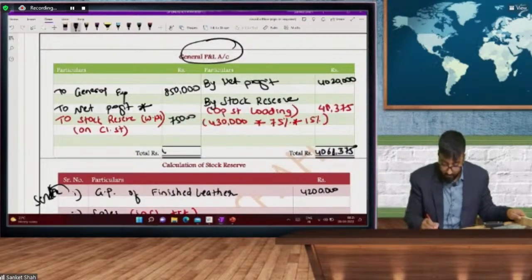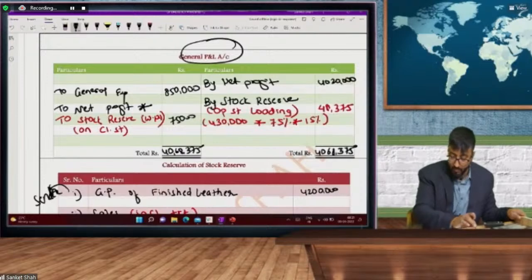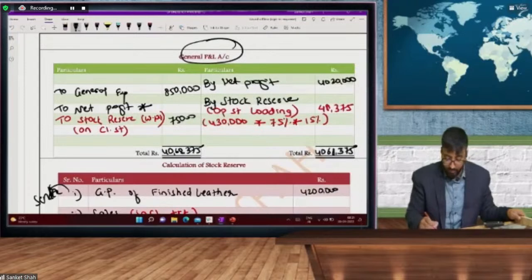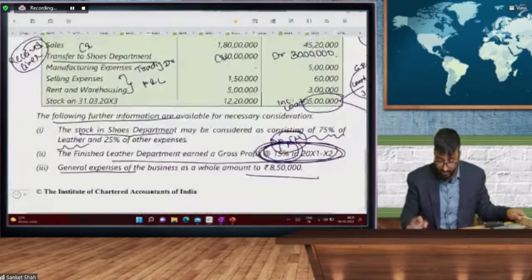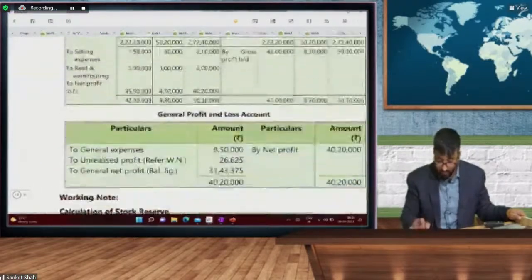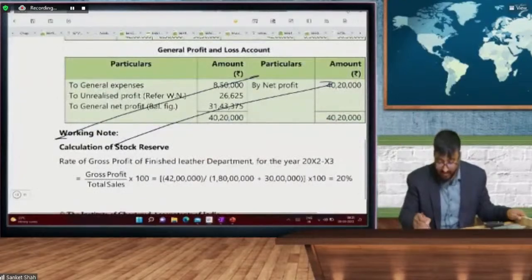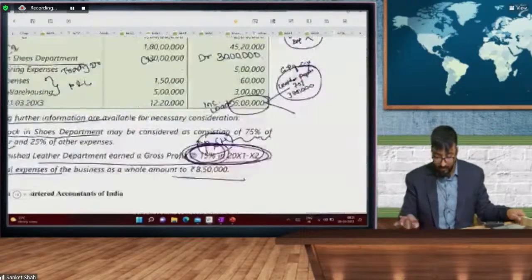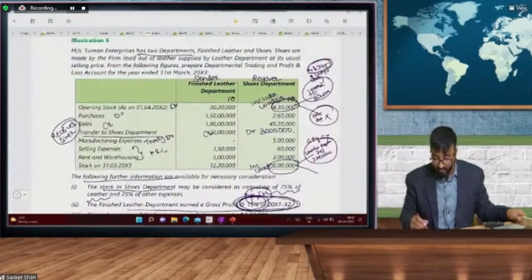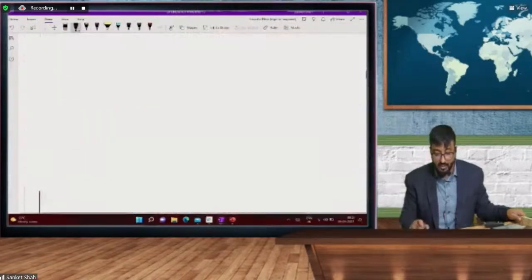₹31,43,375 is the answer. Let's check with the ICAI. Yes! 31,43,375, correct answer. What are the important points in this question?